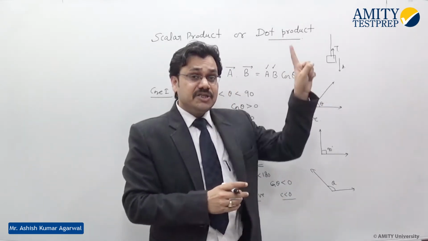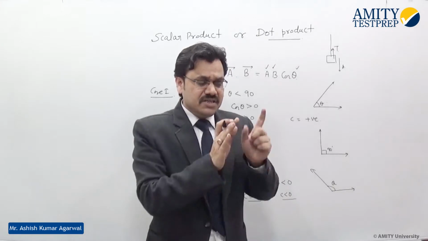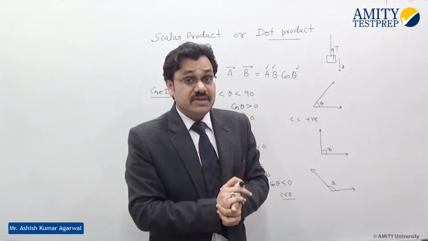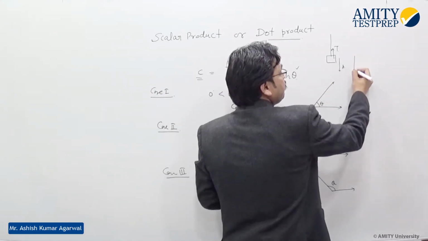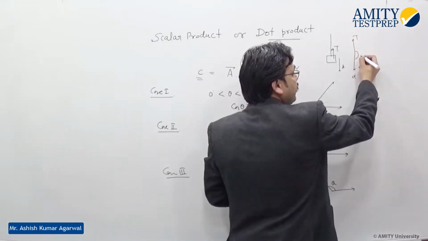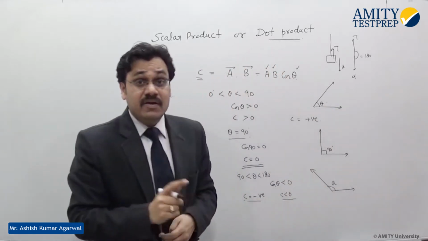Tension is in the upward direction, displacement is in the downward direction. These two are opposite to each other, so the vectors are opposite. If you make these two vectors co-initial, you get the angle between them as 180 degrees.